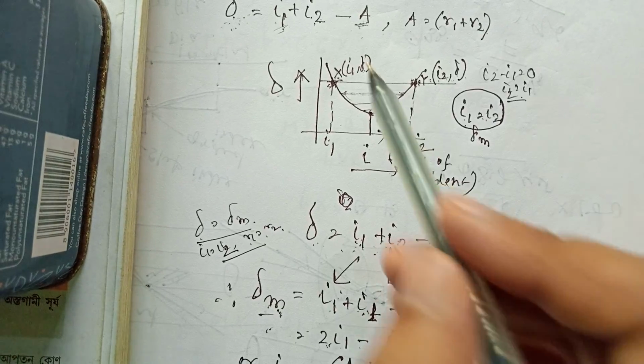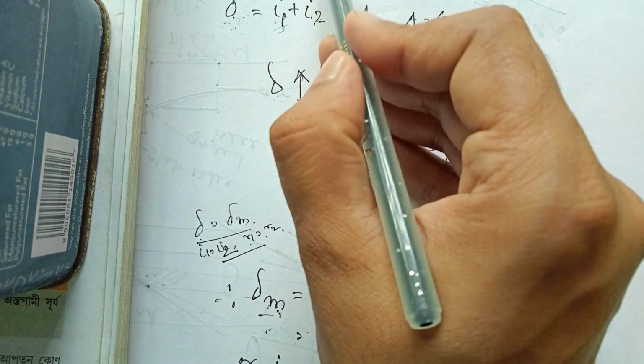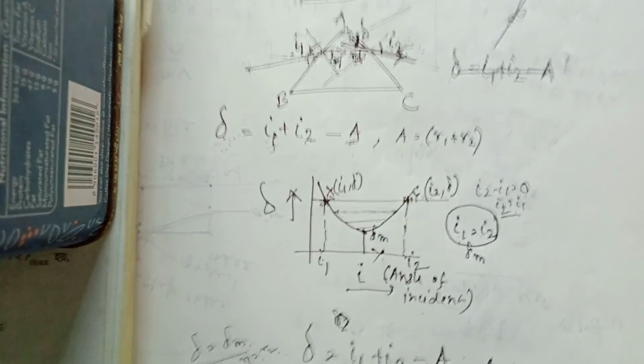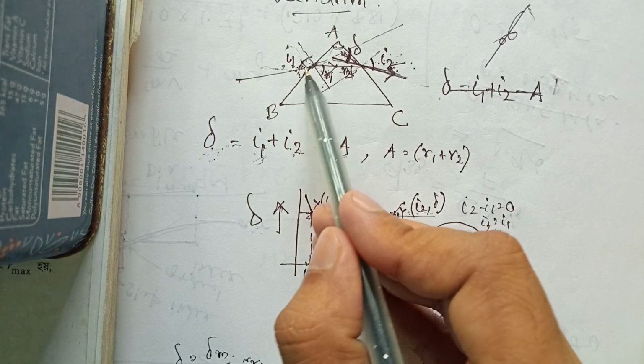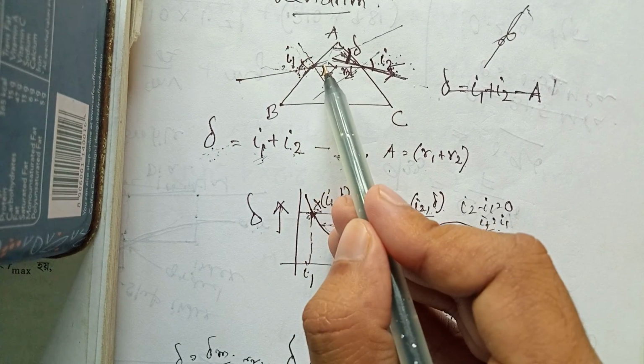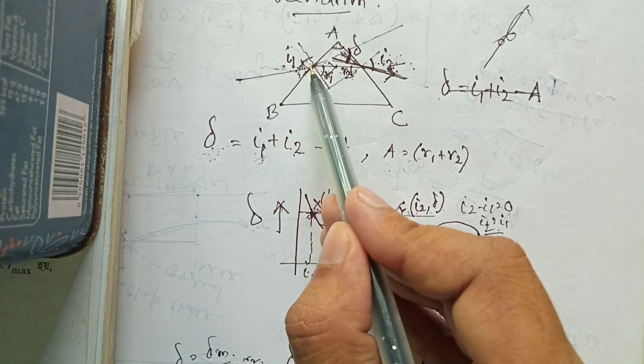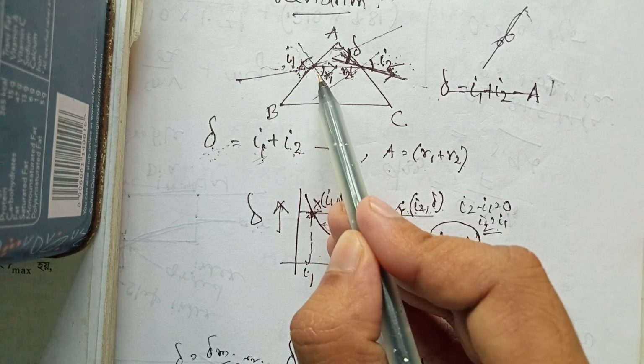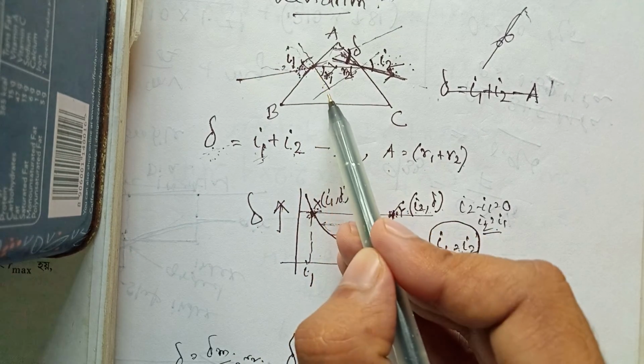Why? See here, this is I1, this is R1. So this is the incident angle and this is the angle of refraction.